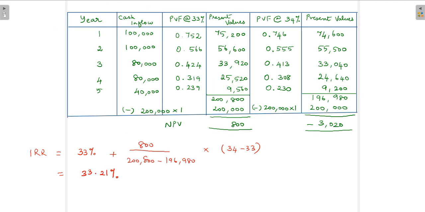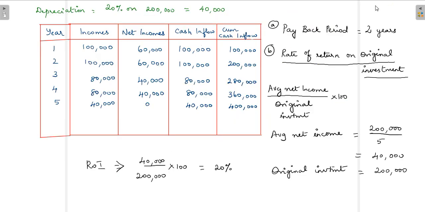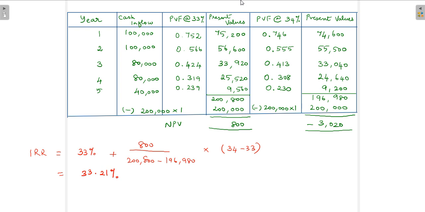Now to calculate the IRR, we have chosen 33% and 34%. Since the return on investment is 20%, we have to select a PVF factor value that is higher than 20%. So after many iterations, we have selected 33% and 34%.